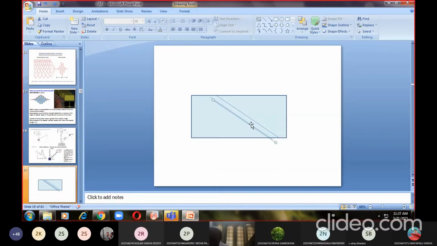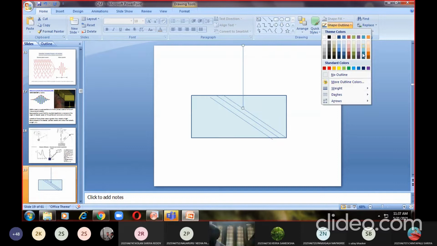Now I may have another crystal plane over here, like this. These are the set of crystal planes. Now I'm making a beam of electrons incident on it like this. I'll take its color to be something different.